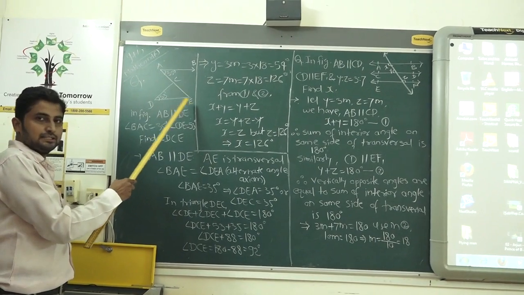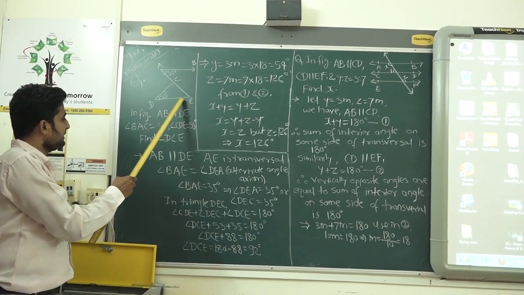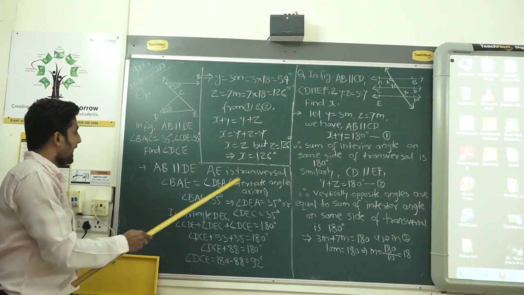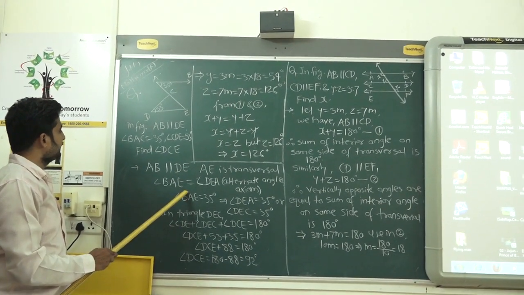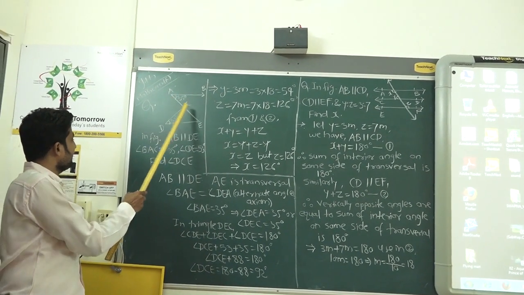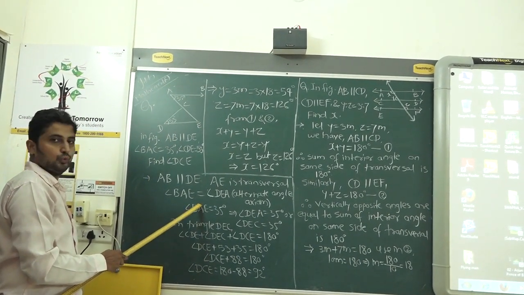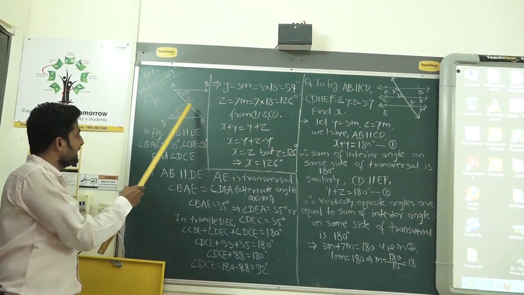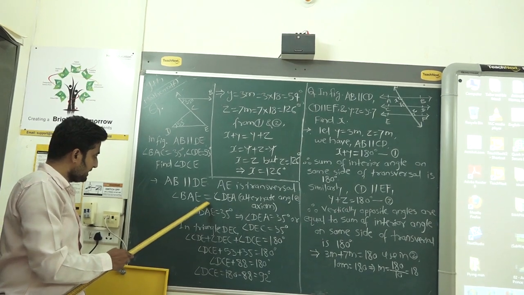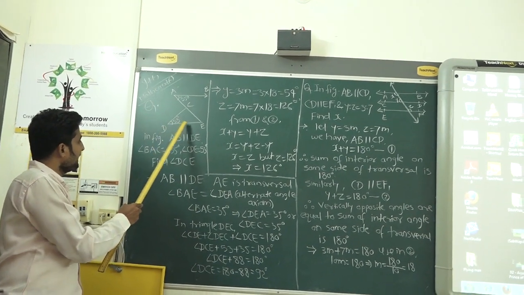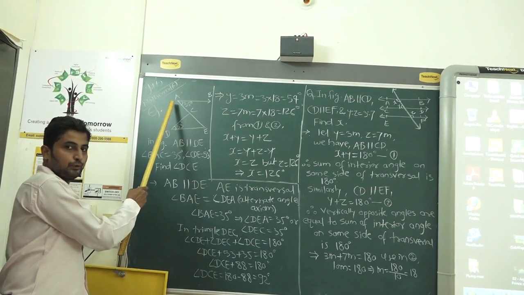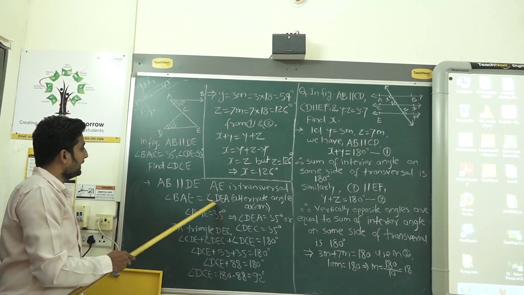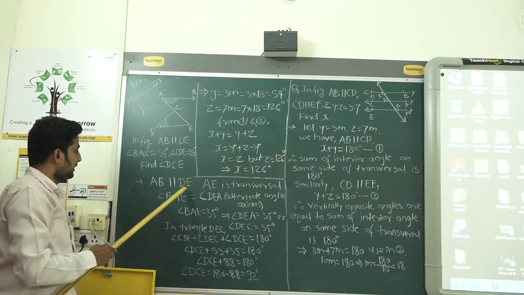Now if you observe this, AE is a transversal, right? And angle BAE, watch this carefully, we are equating this to angle DEA.